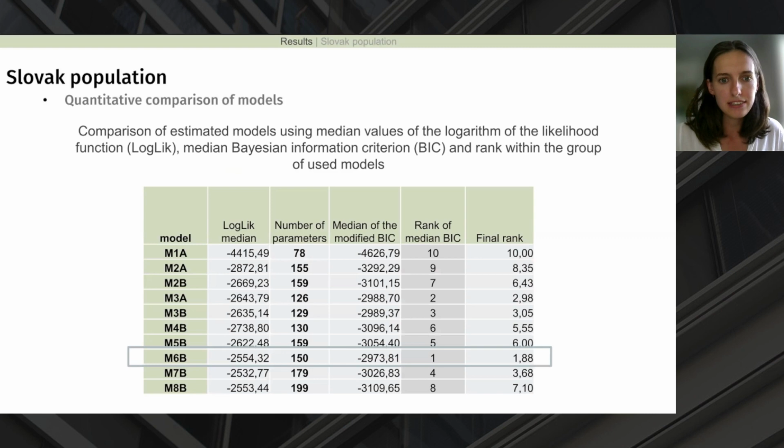Here you can see the results of the quantitative comparison of the models for the Slovak population. The table displays the median value of the logarithm of the likelihood function, which represents the median of all the likelihood values obtained during the parameter optimization.